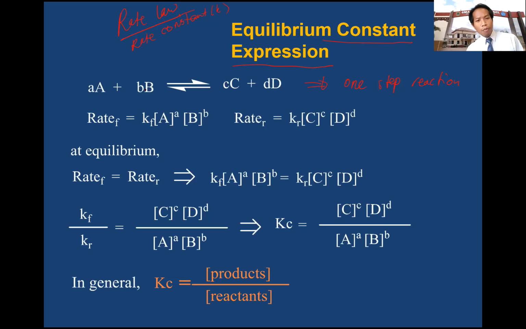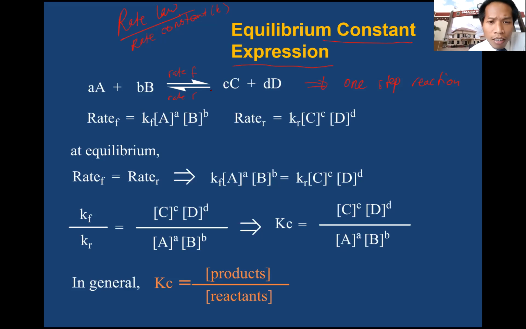So I can write down the rate forward. Rate forward is from reactant to the product. Rate forward is equal to Kf, the rate constant for the forward, times concentration of A to the power of a, concentration of B to the power of b. And I can also write down the rate reverse, which is from product to the reactant.